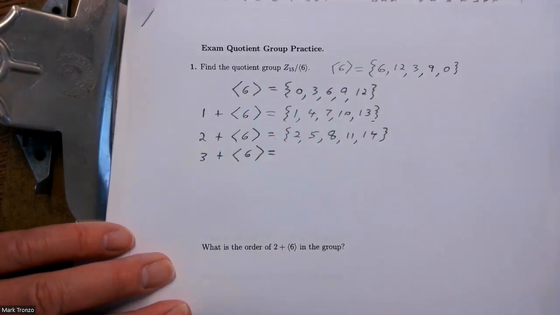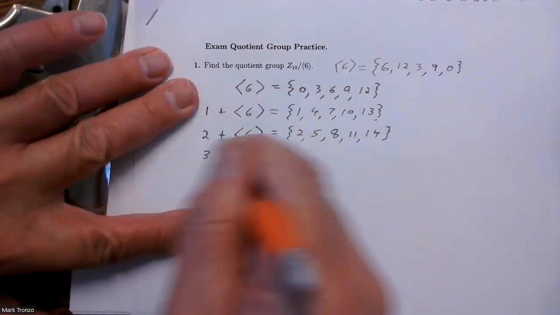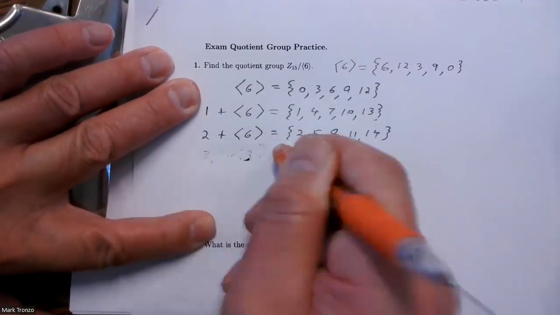Oh, I'm already done, aren't I? So I can stop there because the next one's just going to be a repeat of that one. So that's your quotient group right there, these elements.